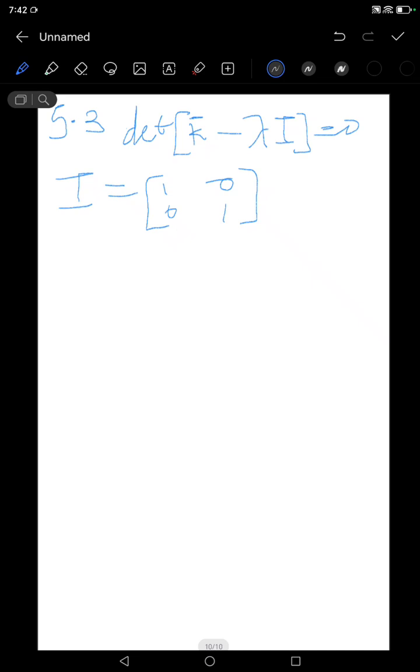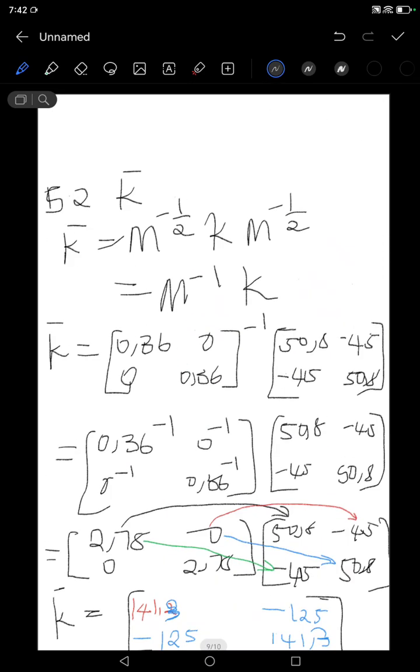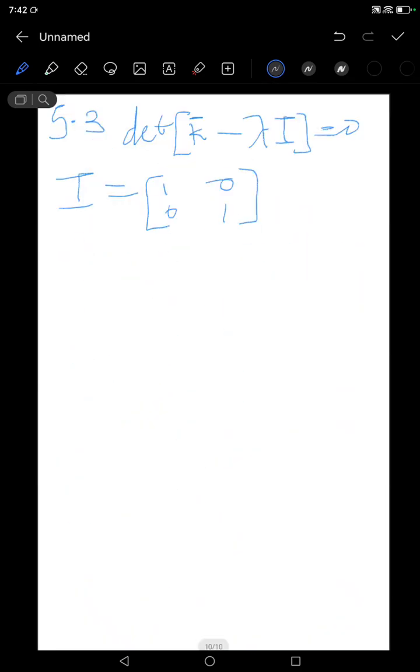Okay, so what we're going to do here, we're going to substitute what we have. We have the normalized stiffness. Remember, the normalized stiffness, we get 141.3, negative 125, negative 125, and 141.3. And then we're going to substitute that. After that, we're going to determine the natural frequency. Sharp. So now let's substitute.